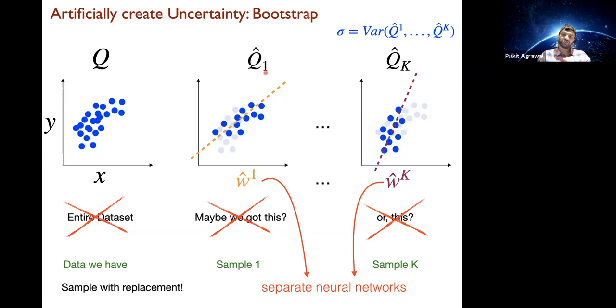Now suppose I get some state action pair. I have k neural networks. I predict the Q value from all of those k networks, and then I measure the variance in them. That is going to give me an estimate of how confident I am about the Q value for that state and action.